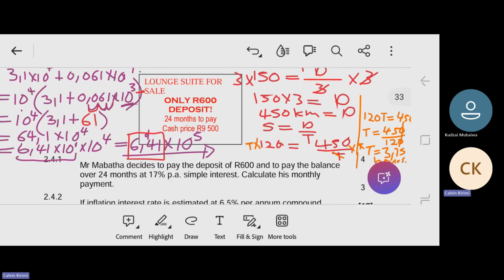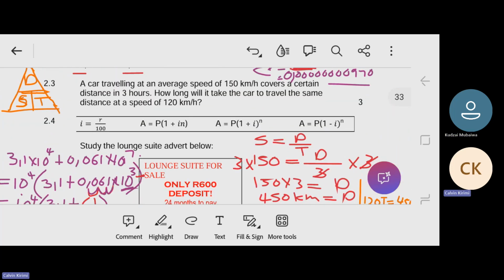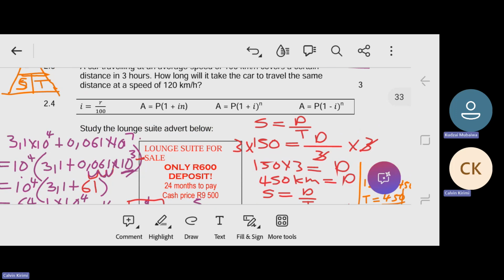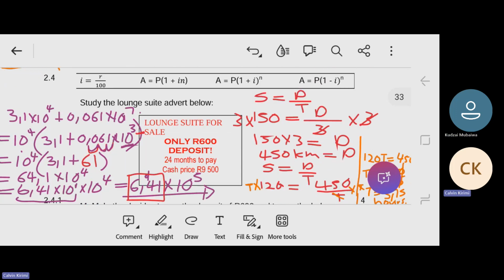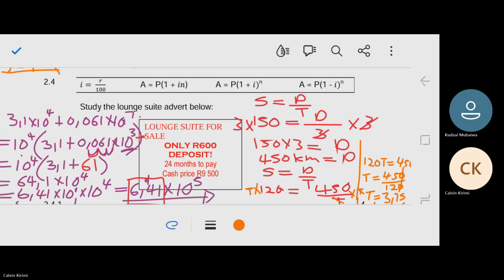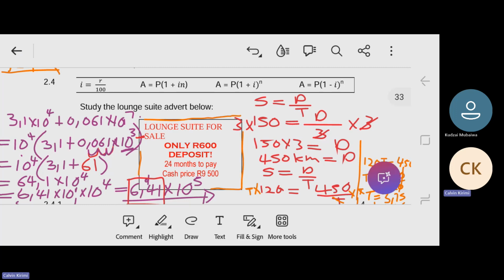Let's go to number 2.4, which is for interest. You can see there's a stamp there, which is an advert. An advert there, which is given here: Lounge suit for sale, only 600 Rand deposit, 24 months to pay, cash price 9,500.